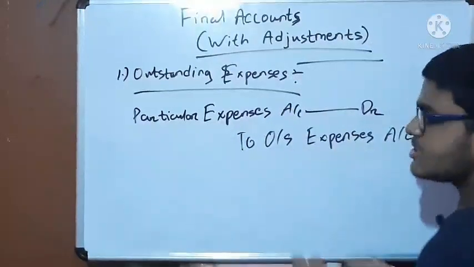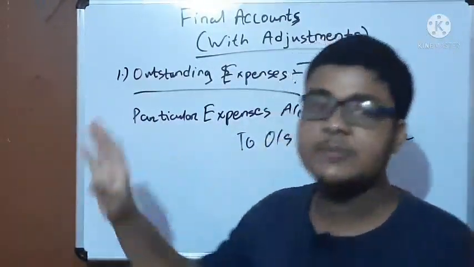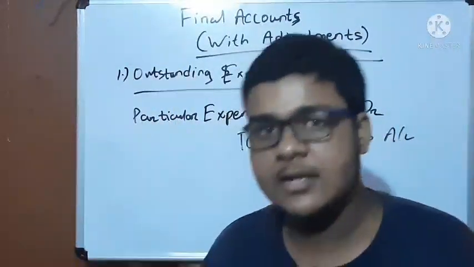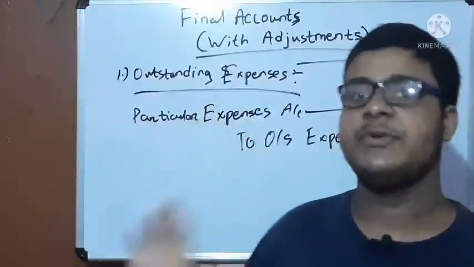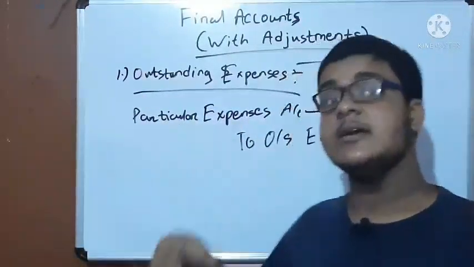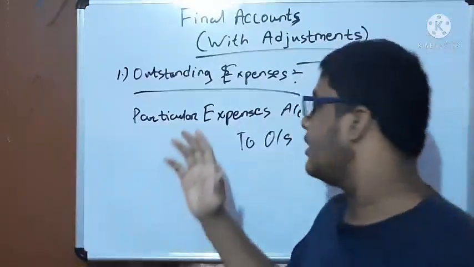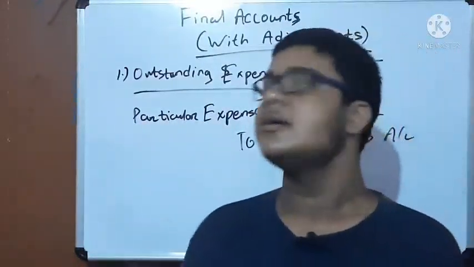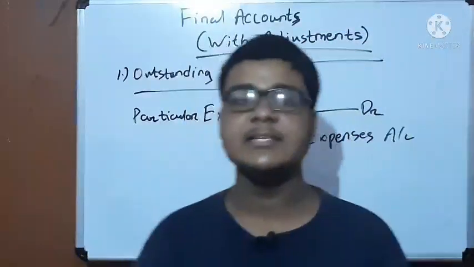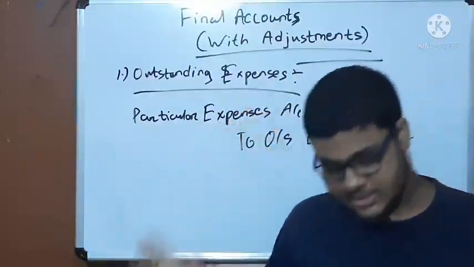So this outstanding expense is added to that particular expense only. Why is it added? Because it is the current year's expense. So we have already gone through the first adjustment, that is outstanding expenses.